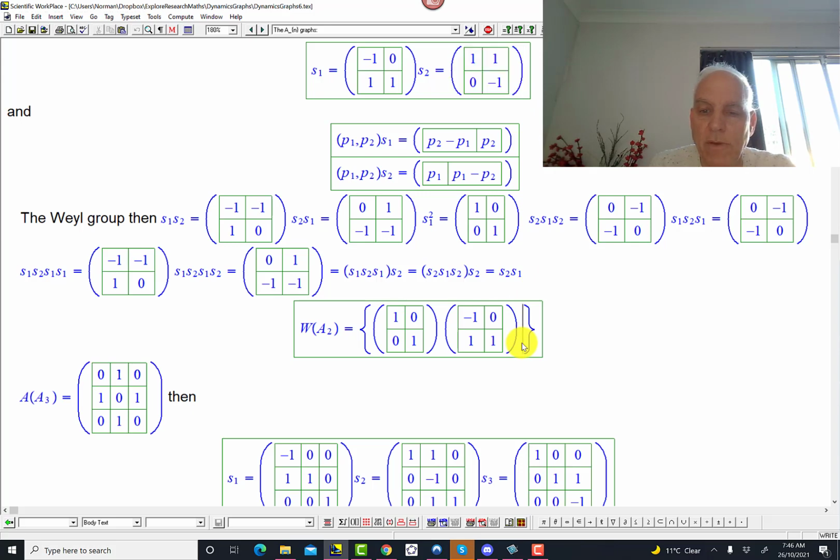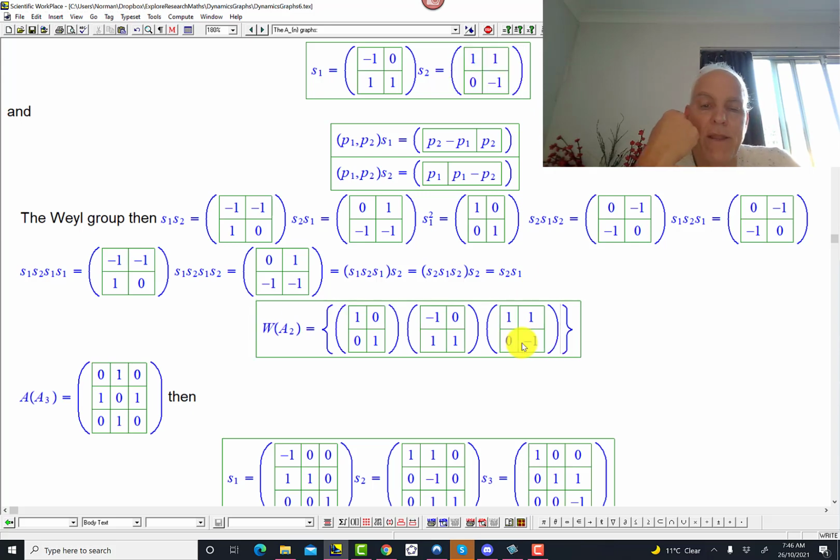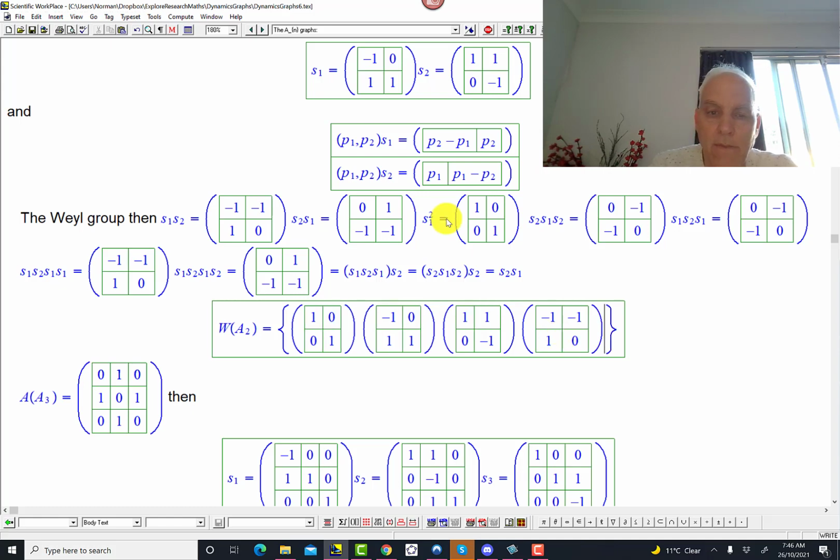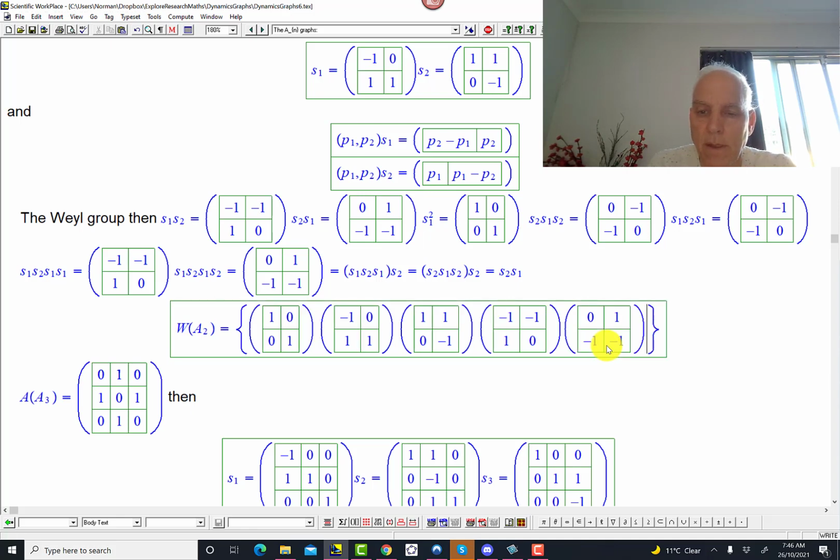I'm putting spaces instead of commas because the group is not really naturally ordered. And then after that, maybe S1, S2. And then S2, S1. And finally, this S2, S1, S2.